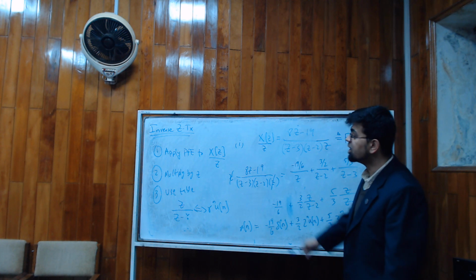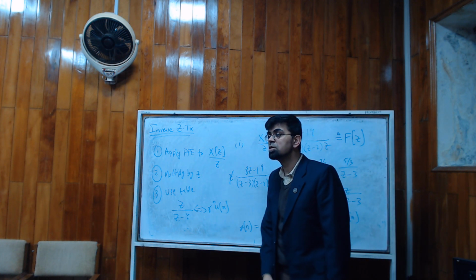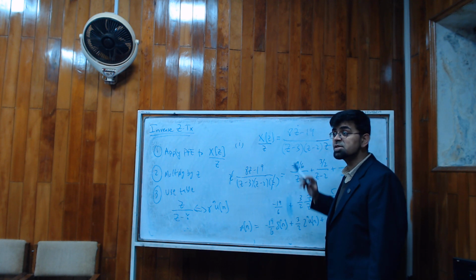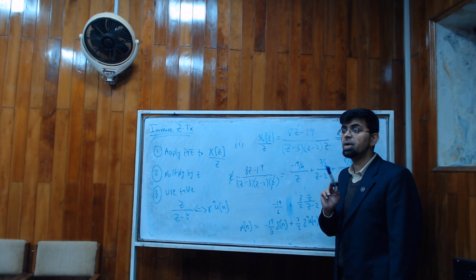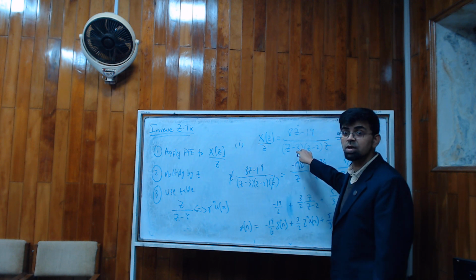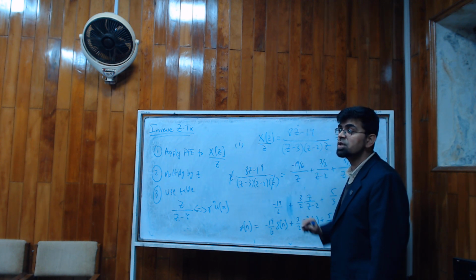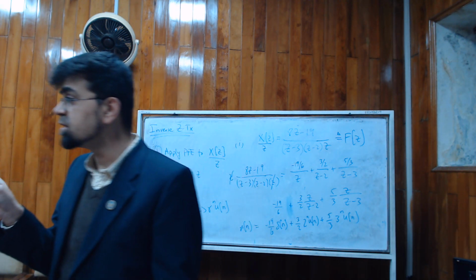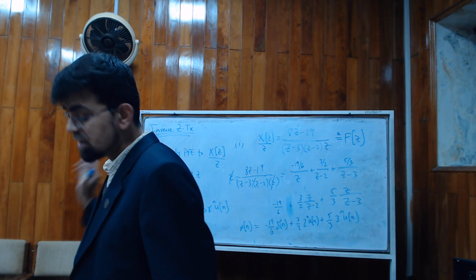Okay, these are the 3 steps that you had to follow. The partial fraction expansion step will change depending on the nature of the roots. What I did just now is distinct real roots. That is the easiest.